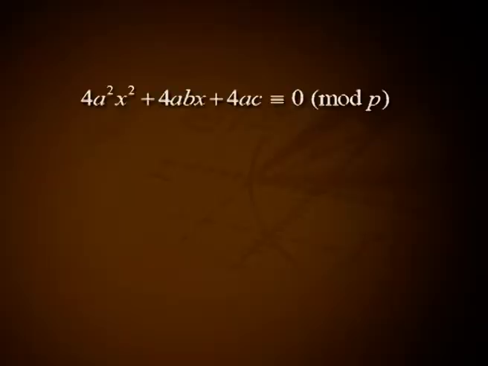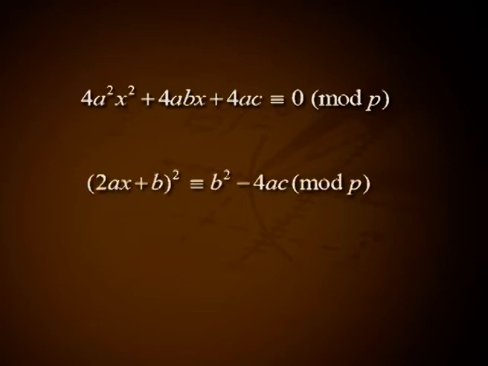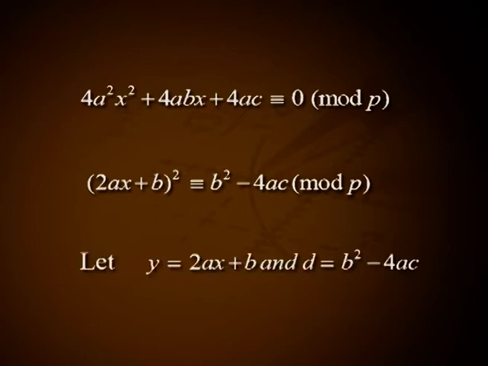Hence, we can rewrite the congruence as 4a²x² + 4abx + 4ac ≡ 0 mod p, that is, (2ax + b)² ≡ b² − 4ac mod p. Let y = 2ax + b and d = b² − 4ac. Hence, the congruence can be solved if and only if y² ≡ d mod p is solvable for y.